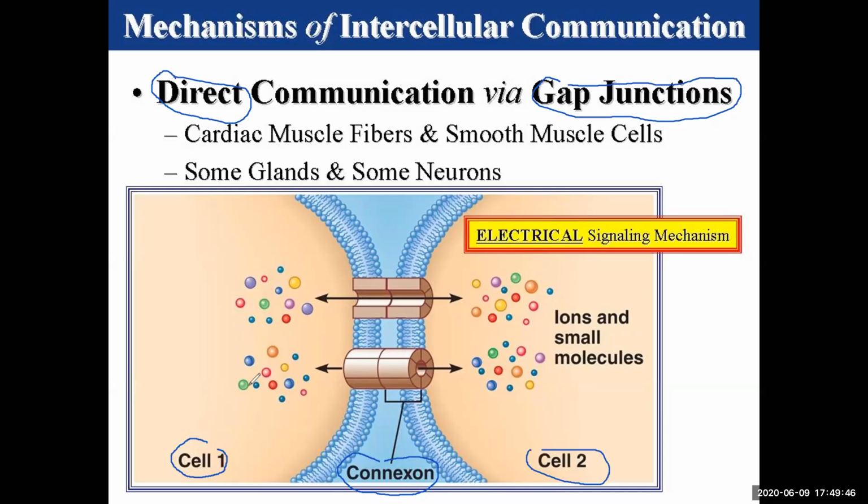For example, glands, this is for glandular secretion, for example endocrine glands that release hormones, some neurons, and what is not on here on purpose, you need to add cardiomyocytes. Oh, it's written here, cardiac muscle fibers.